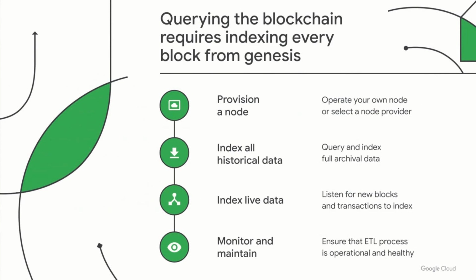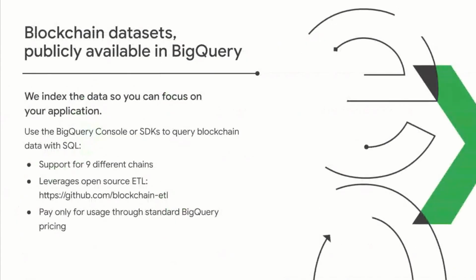Then you use the API for that node to query and index all historical data. Then listening for new blocks and transactions as they're finalized. And of course, you need DevOps to ensure that these processes are operational and healthy. So as you can see, it's a pretty involved process.